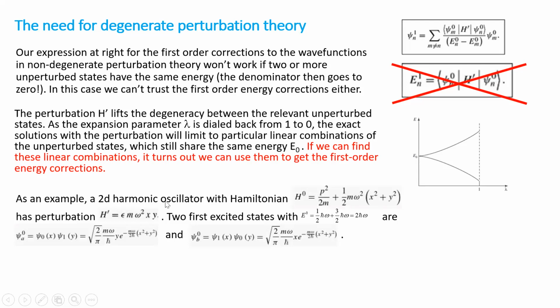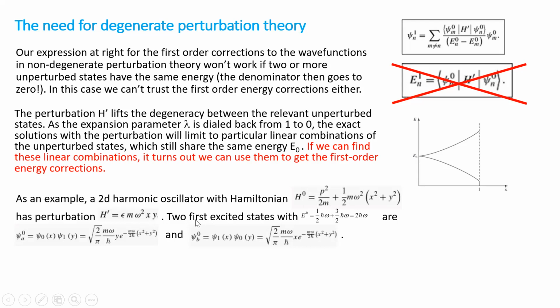So it's a 2D harmonic oscillator. And we put on our perturbation H prime equals epsilon, where the strength of the perturbation is controlled by epsilon, times m omega squared xy. Okay, so we perturb it a little bit from this original 2D harmonic oscillator.